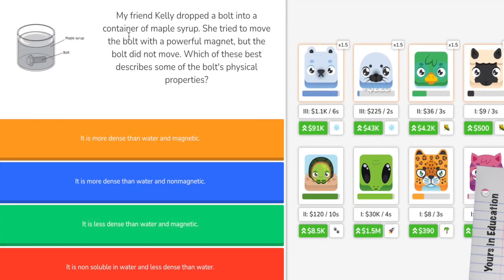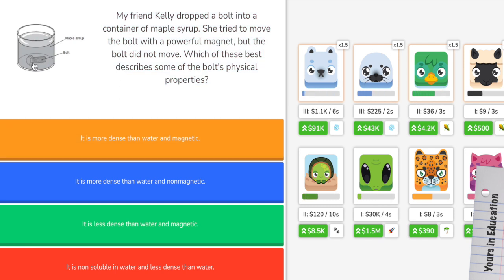Yes. My friend Kelly dropped a bolt into a container of maple syrup. She tried to move the bolt with a powerful magnet, but the bolt did not move. Which of these best describes some of the bolt's physical properties? If it did not move with the magnet, evidently it's non-magnetic.